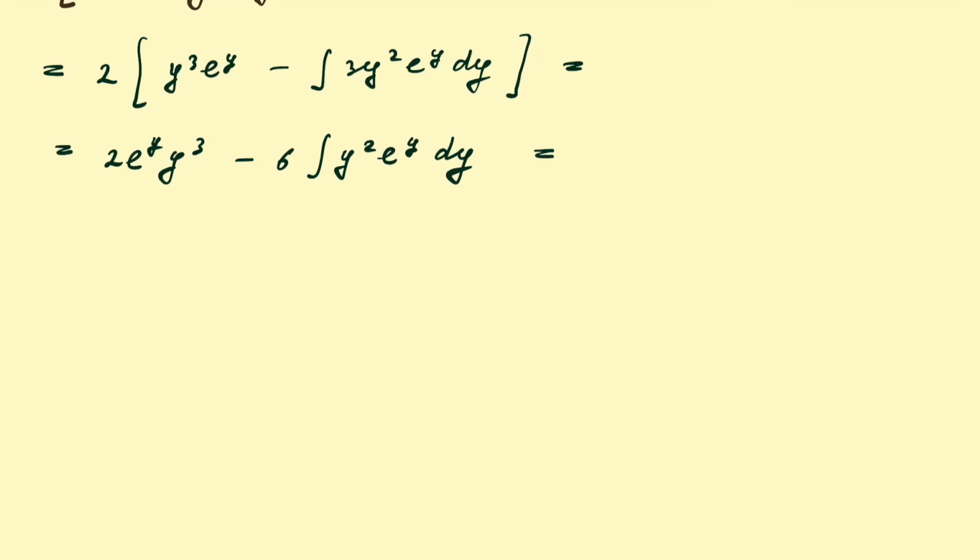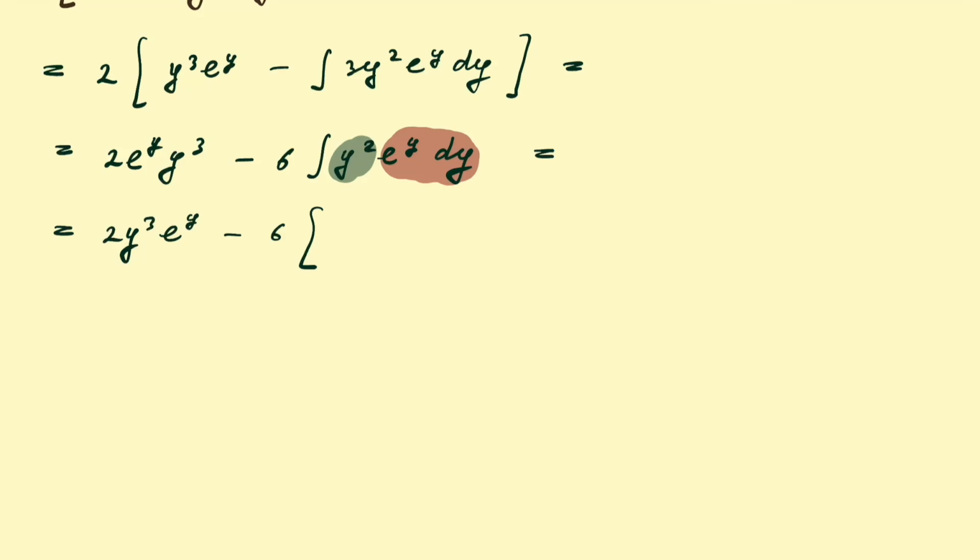Okay, now we need to compute this integral here. It's done in a similar way. We first just rewrite what we have before, y cubed e to the y minus 6 times, well, I won't write the formula for integration by parts. Let's just think in our head, as I did in a couple of earlier videos. Actually, I do this all the time. It saves space and time.